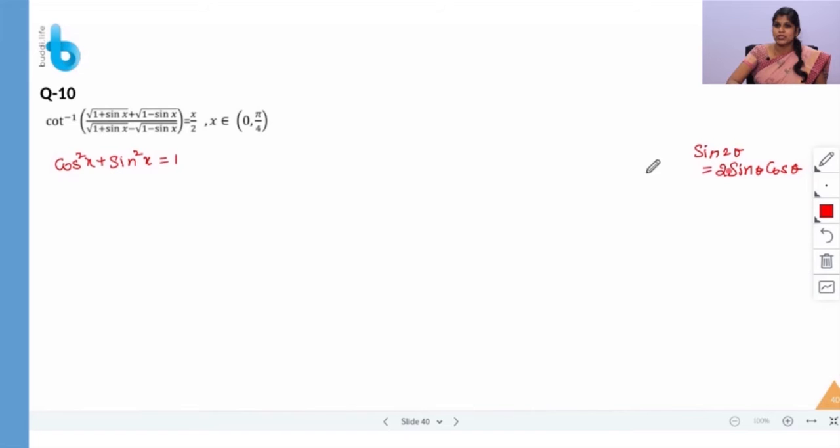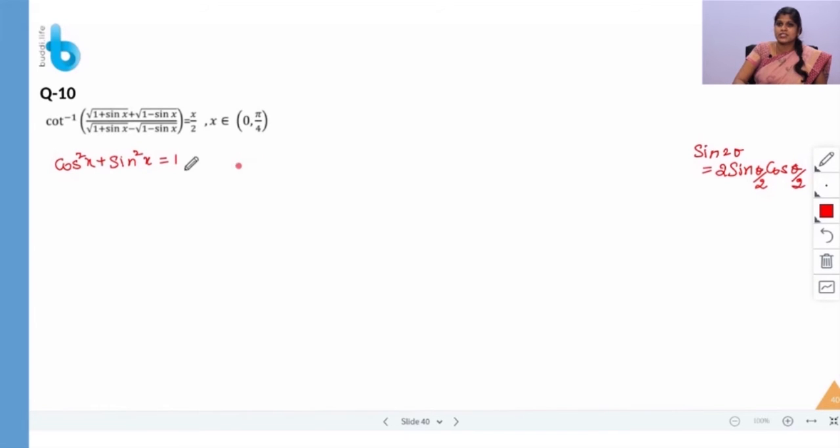But in the place of 2 theta we have x. So what we will do, instead of theta here, we'll divide the theta by 2. This we have already used in various problems. Just to remind you, I am giving it here. If you go through the previous problems like this, you would find that we have used this in many sums.